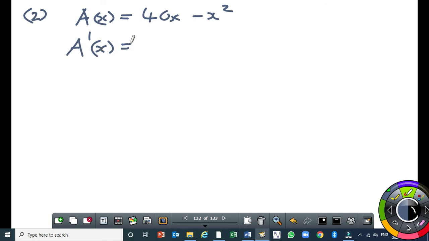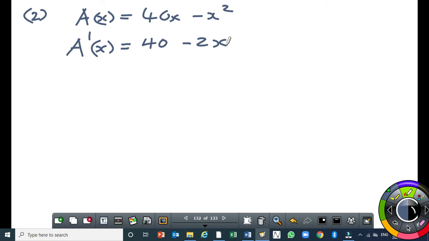It will be equal to, what's the derivative of 40x? 40. The derivative of a constant times a variable is always the constant. You understand that? Then, what's the derivative of minus x squared? It will be minus 2x.